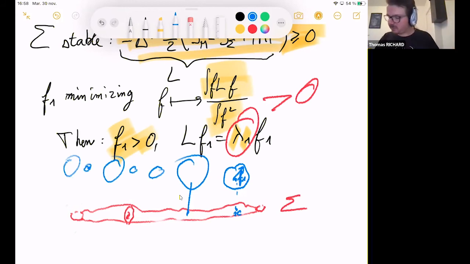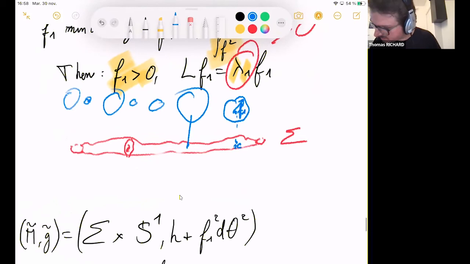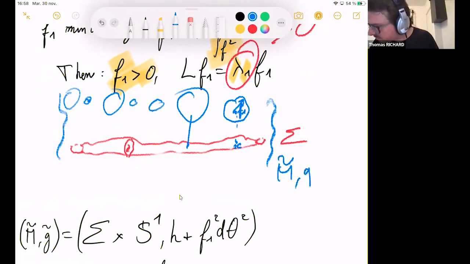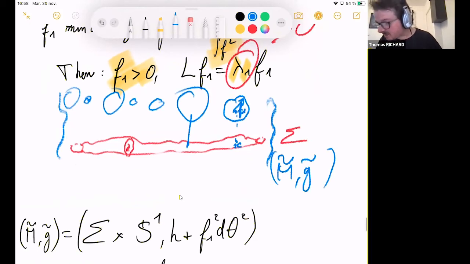Just the construction I made before. So this new manifold, I call that M_G twiddle. And so this is sigma times S1 with a metric of the form I described before.